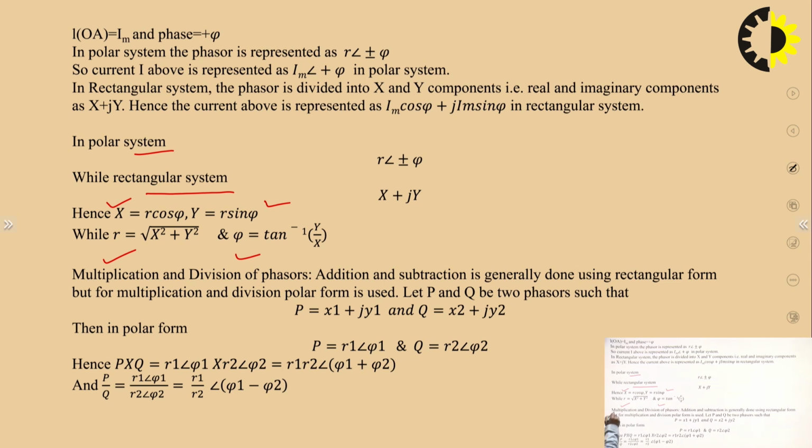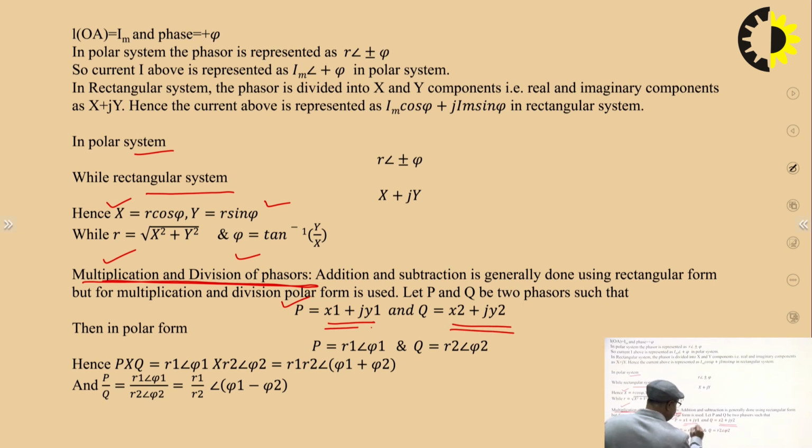Now suppose we want to perform multiplication and division of AC quantities. To perform multiplication and division, suppose we are given two quantities P and Q. Suppose P is x1 plus j y1 and Q is x2 plus j y2.